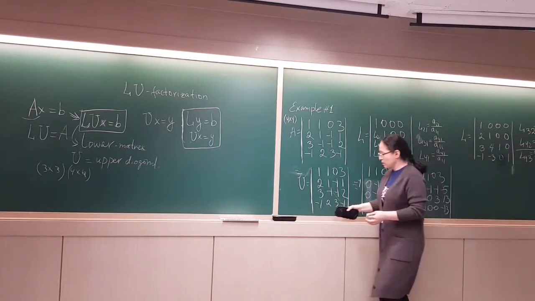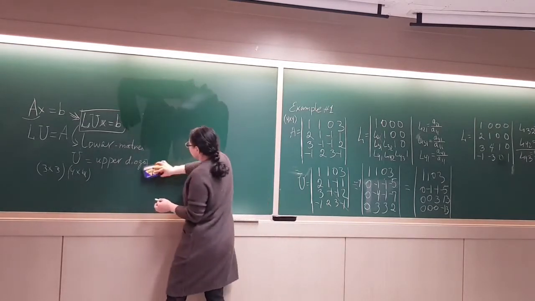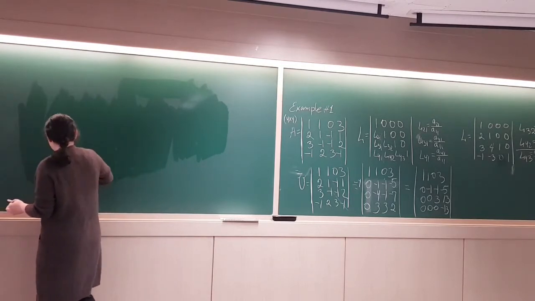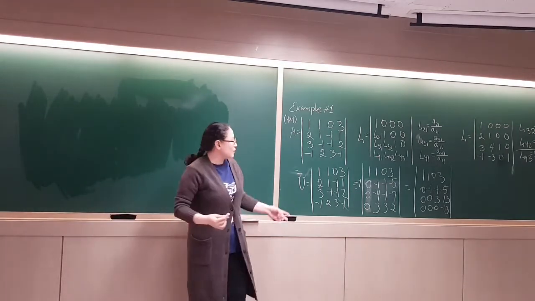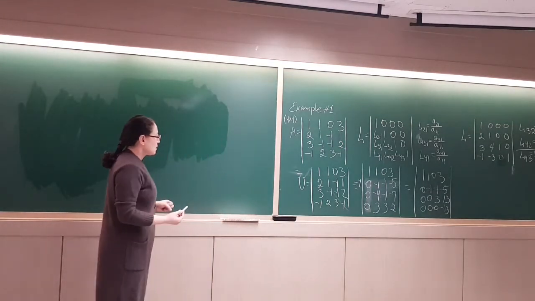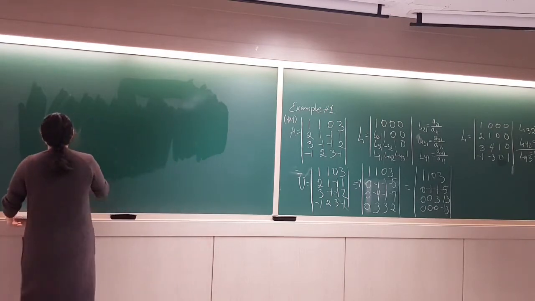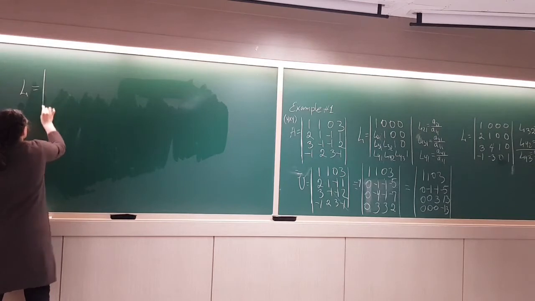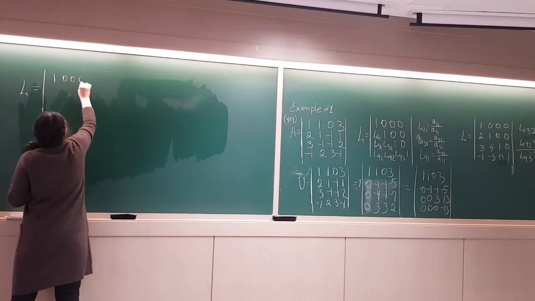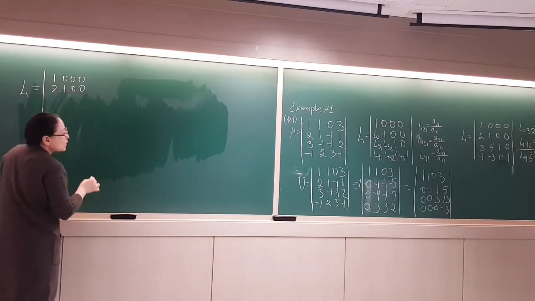Now you know how to apply this, right? To find the solution, let's see together. Let's see the L matrix and U matrix. I write here. And this is 2, 1, 0, 3, 4.